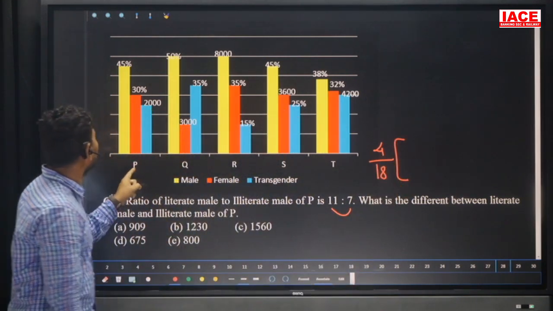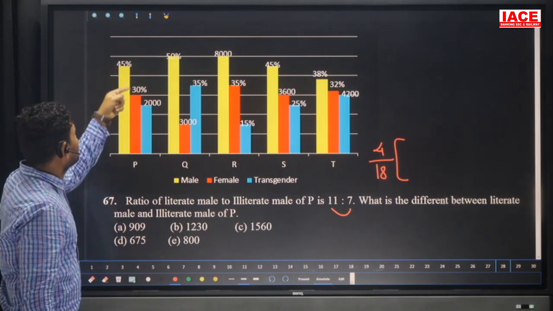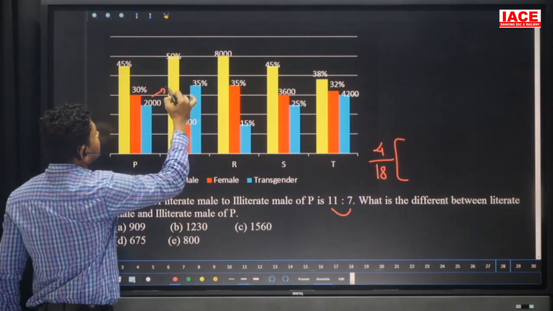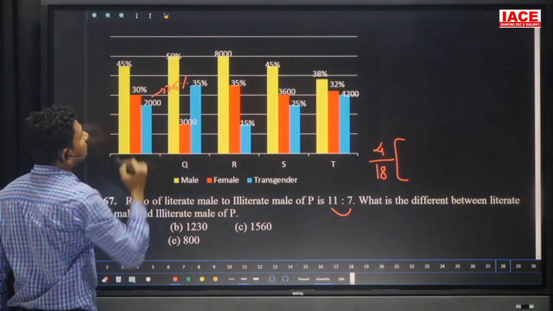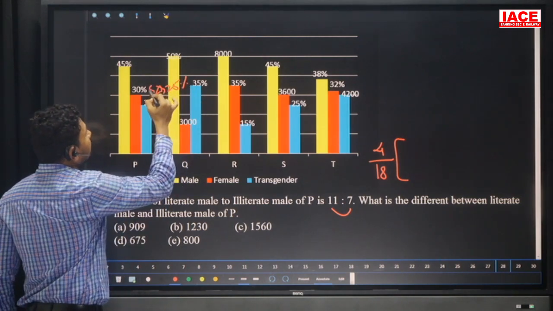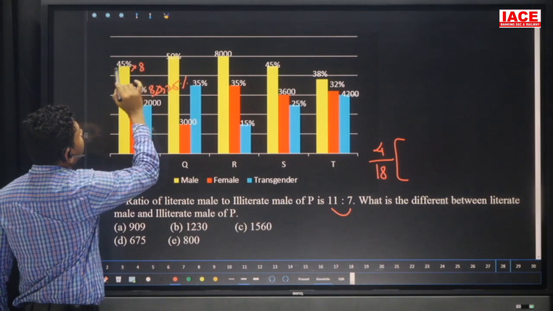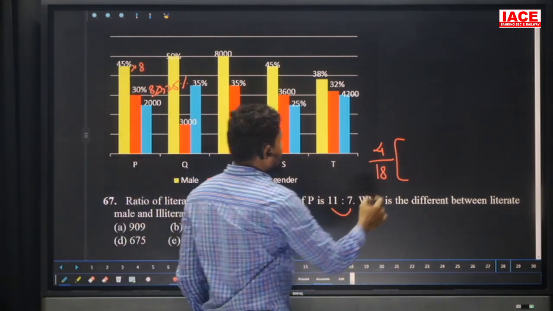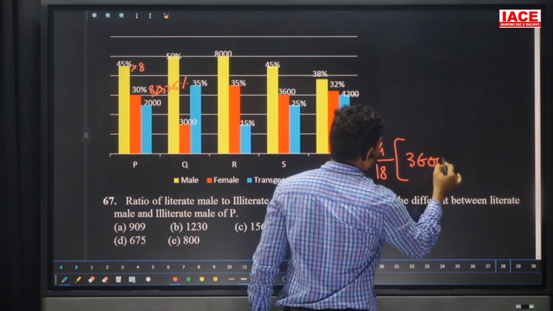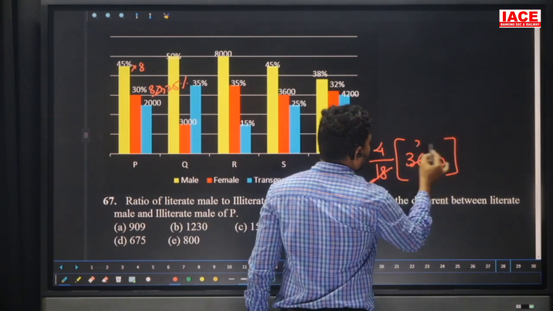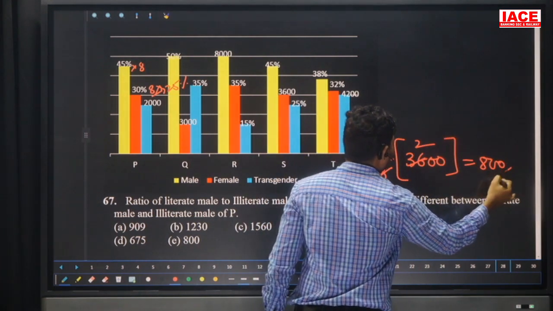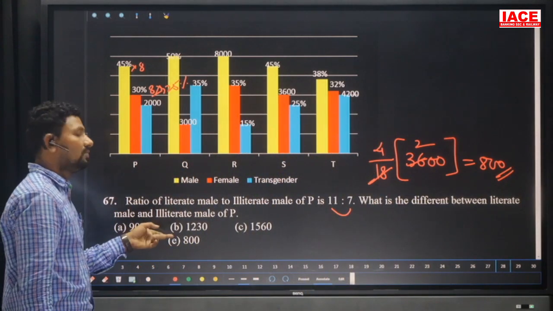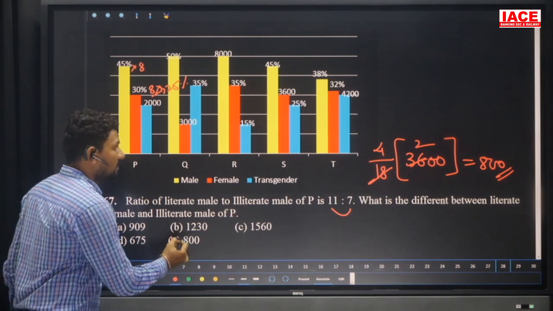Look at the 2000: 45%, 30%, 75%, the remaining is 25%. 25% is equal to 2000, which is multiplied by 8, so here also multiplied by 8. So 45 times 8 is 360, here 3600. 3600 divided by 18 is 200, and 200 times 4 is 800. 800 people is the difference between literate and illiterate males. The option is E.